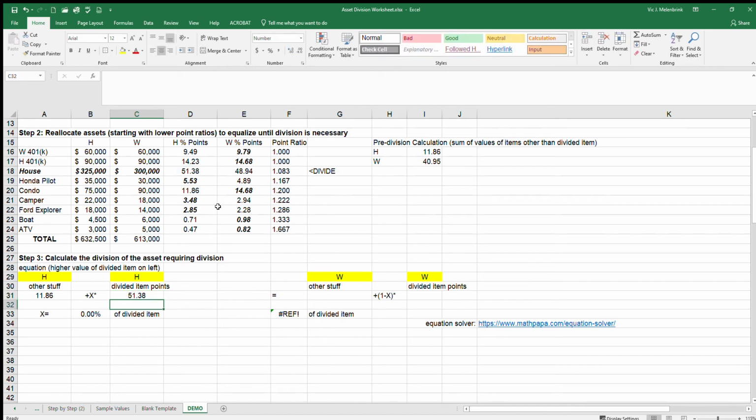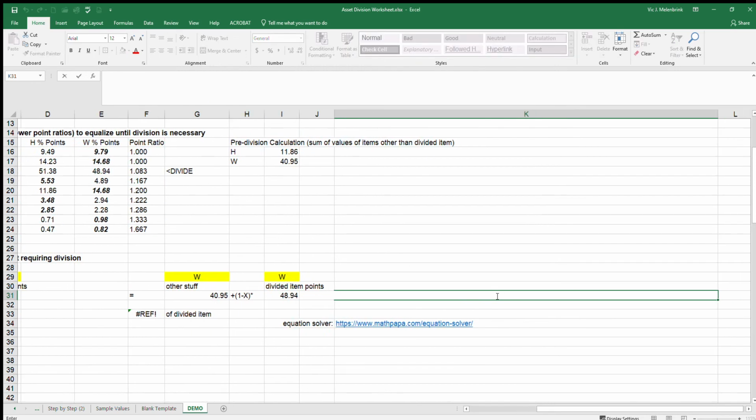There we go. Now we're going to do the same thing on the wife's side. Wife's other stuff equals that right there, 40.95. And the divided item points, her points for the house, 48.94. So that's going to give us our equation. That's the equation right there. I'm going to type it in here.